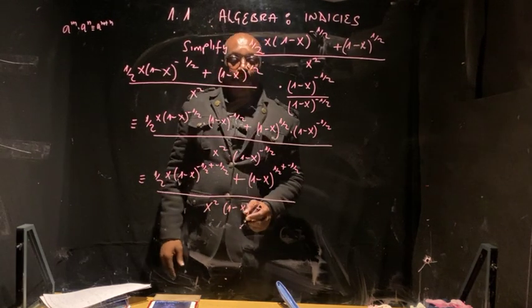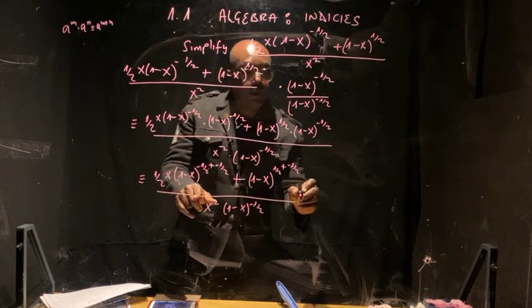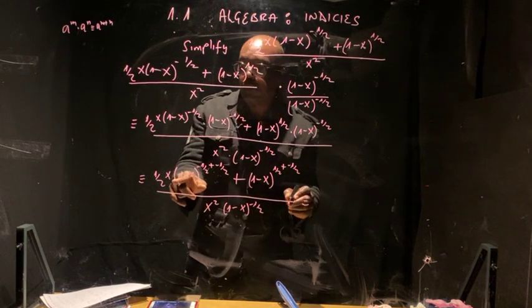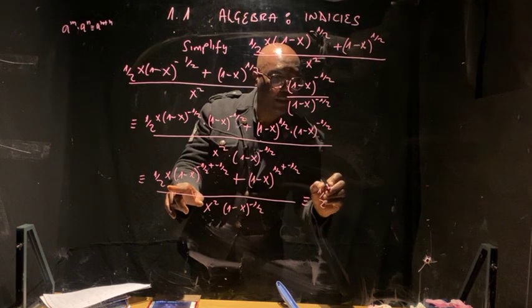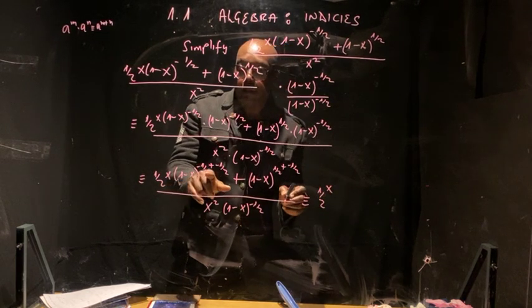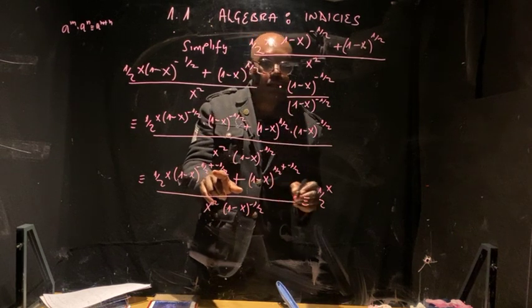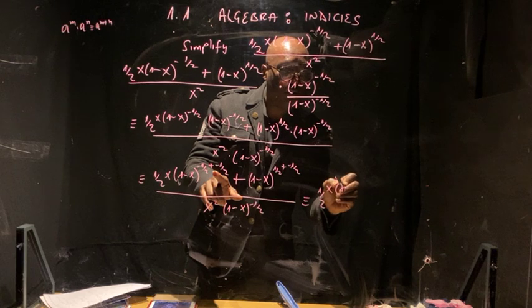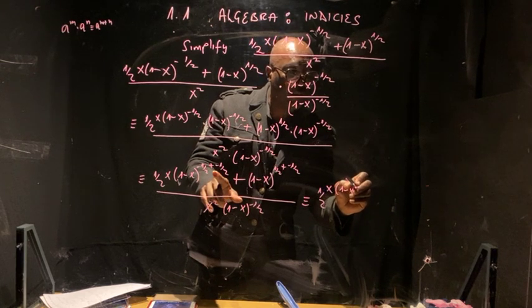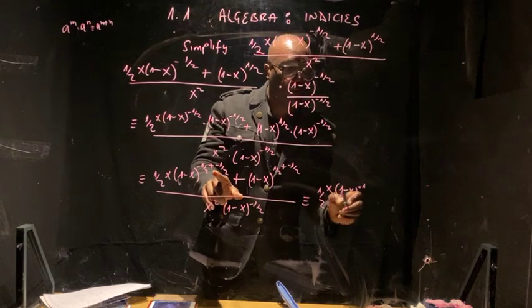Good. You can see that if you apply the law 1, we will now have half x, and negative half plus negative half is equal to 1 minus x raised to the power negative 1.